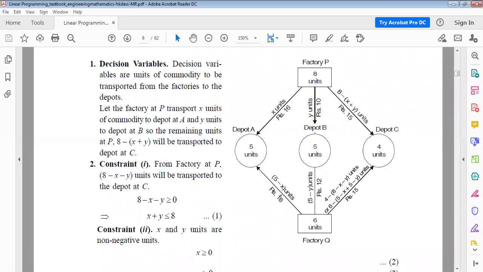10 taka. So now for the first objective function, the cost of factory P: 16 into X plus 10 into Y plus 15 into this. Okay, this is the total cost for factory P. And 10 into 5 minus X, and 12 into 5 minus Y, plus 15 into 4 minus this, will give the total transportation cost for factory Q. And the grand total cost?